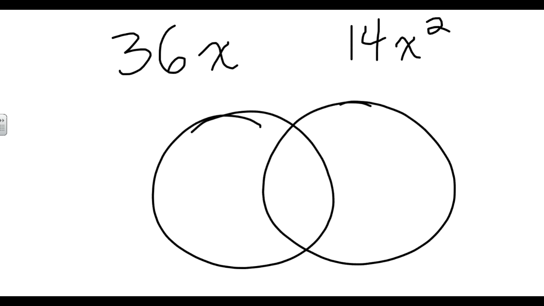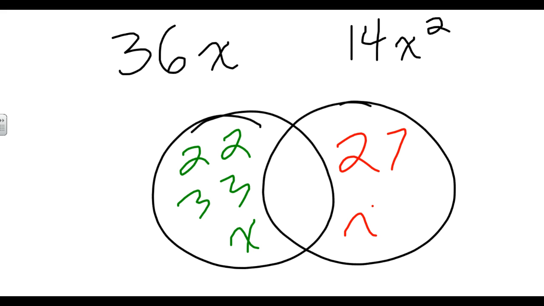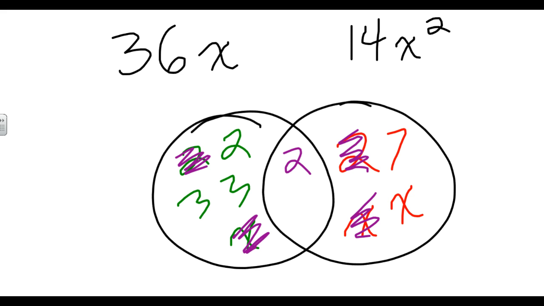Again, if we're looking in the Venn diagram way, 36 is 2 times 2 times 3 times 3, and it has this x. 14 is 2 times 7 with 2 x's involved there. So what they share, and we'll just cross them out this time, they share a 2, and they share an x. So this is the GCF, which is 2x.